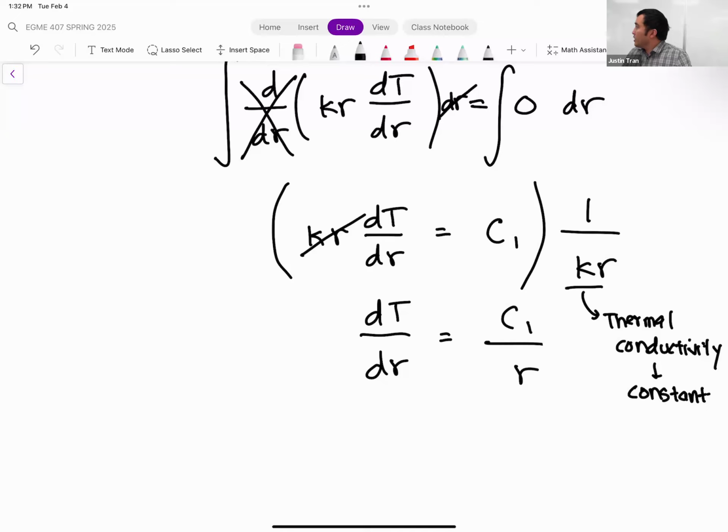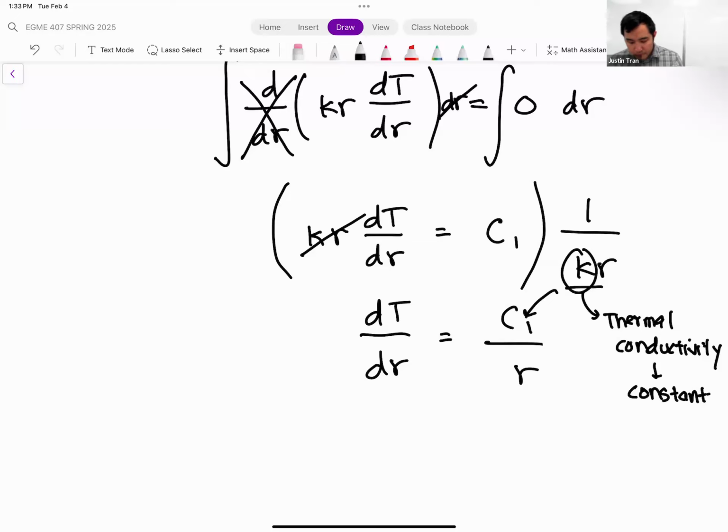And so since thermal conductivity is just a constant, C1 at this point is an arbitrary constant. We haven't decided what its value is yet. And so, just to make our lives a little bit easier, I've gone ahead and absorbed that K into C1. Because we basically just have one constant divided by another constant, and one of those constants is still arbitrary, so we can absorb it into that.